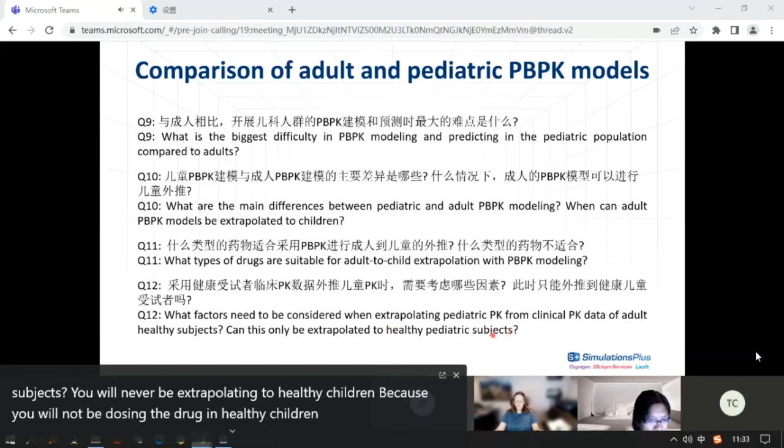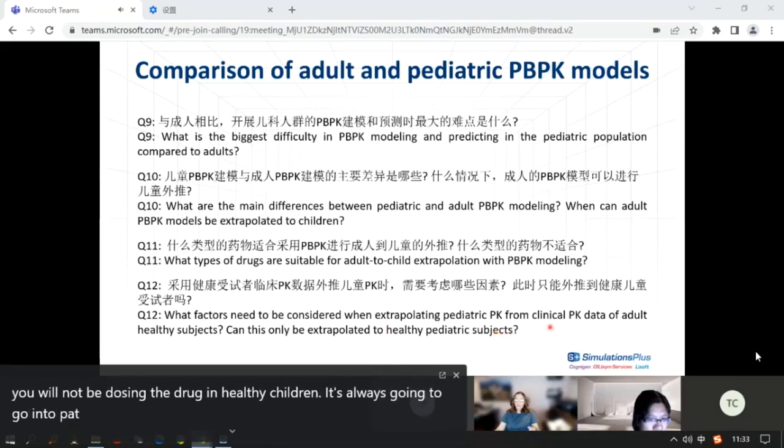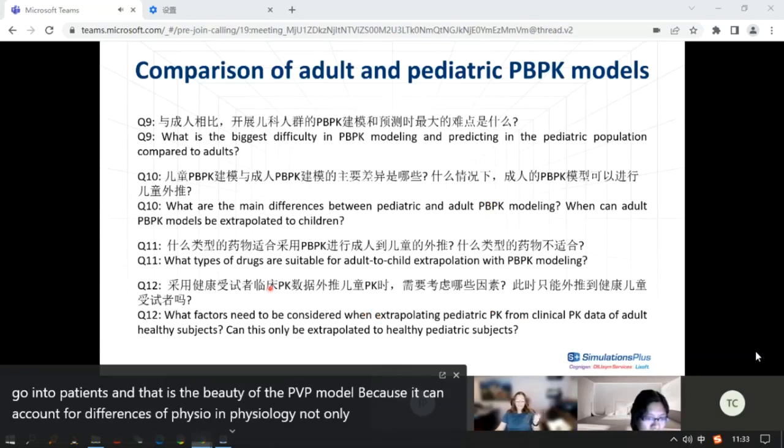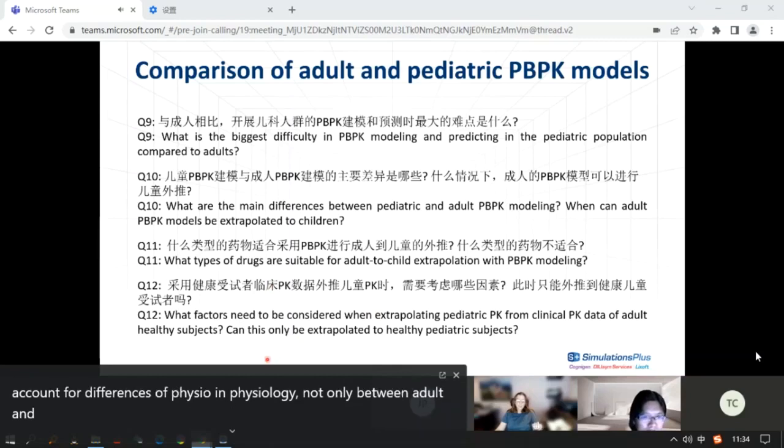It's always going to go into patients. And that is the beauty of the PBPK model, because it can account for differences in physiology, not only between adult and child, but also between healthy child and a sick child.